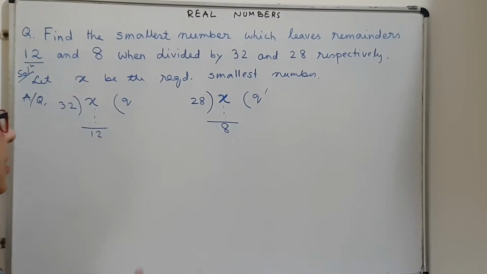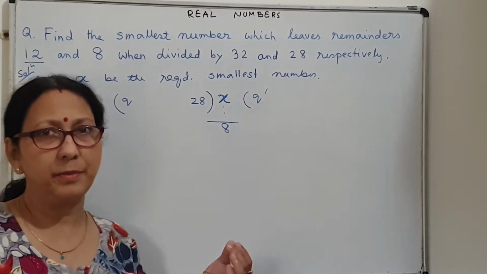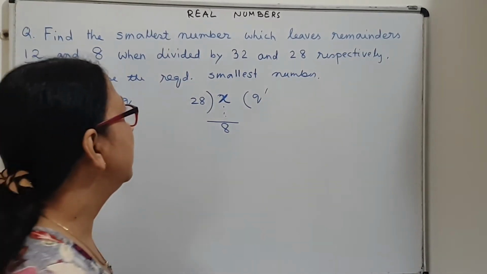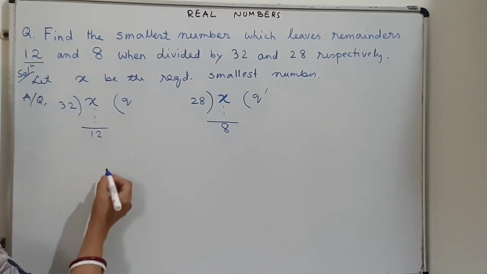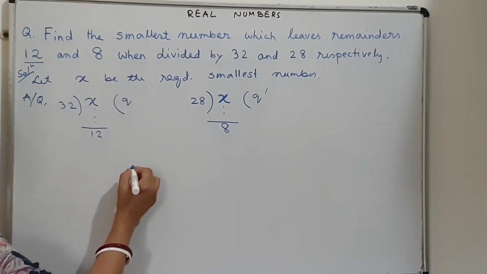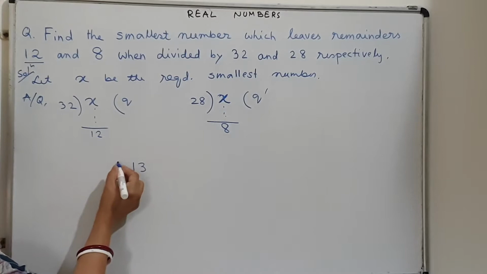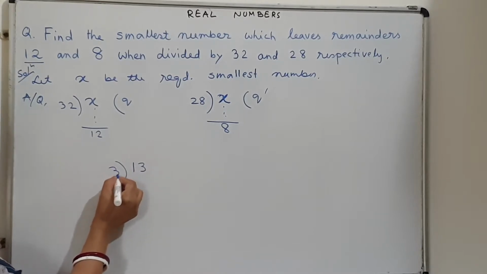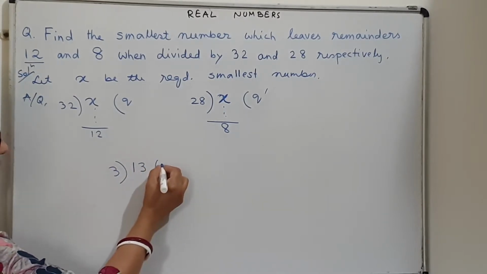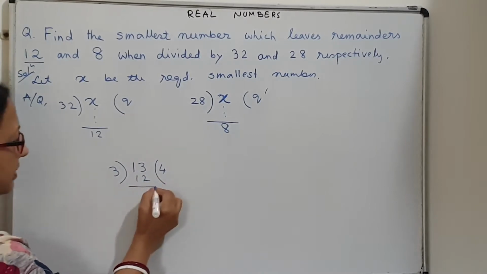Let me take some example to explain. Suppose I am taking any number, say 13, and I am dividing it by say number 3. Then 3 4s are 12 and the remainder is 1.